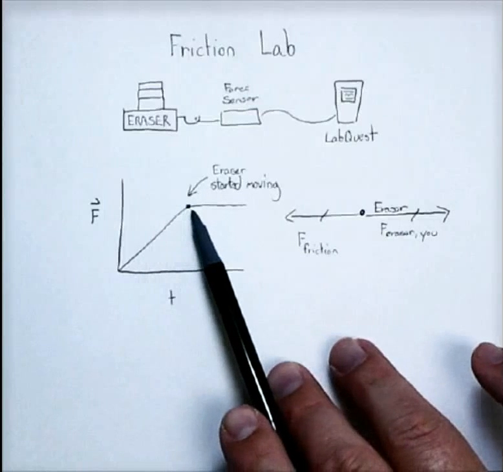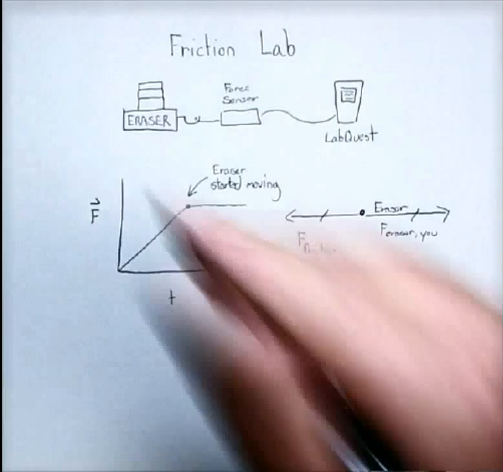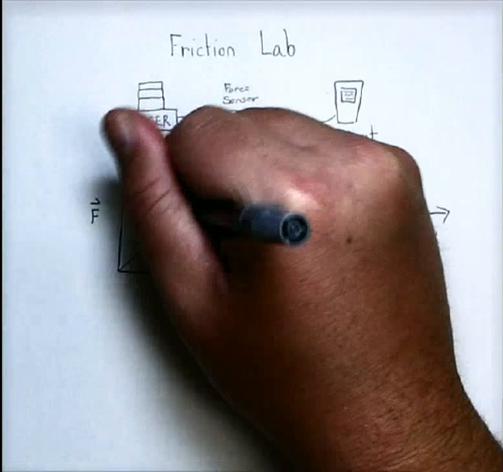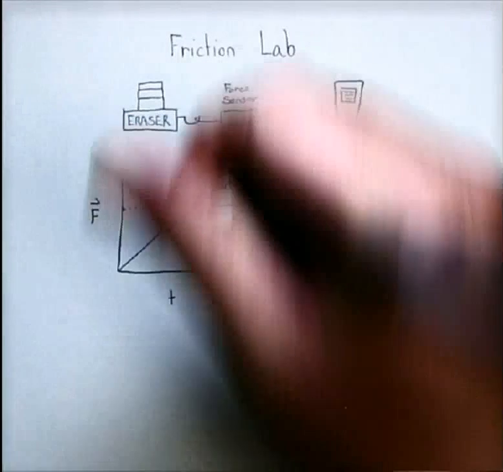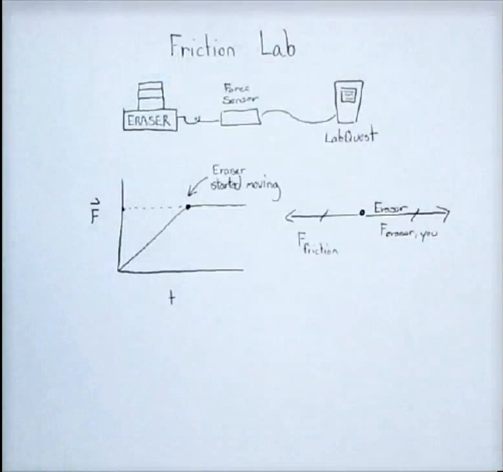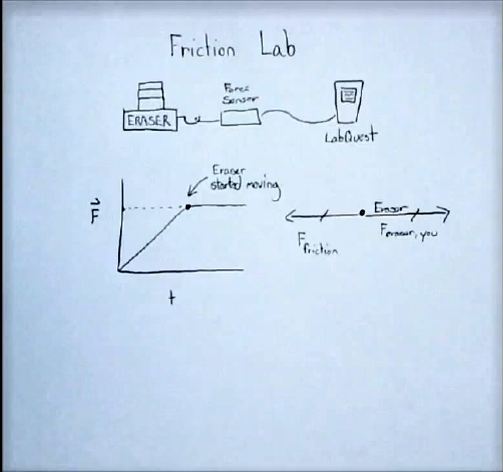So at that point, if we're very careful and we measure that out, you could find the amount of friction needed to get that started moving. So that's the maximum amount of friction that the object can generate just sitting there.